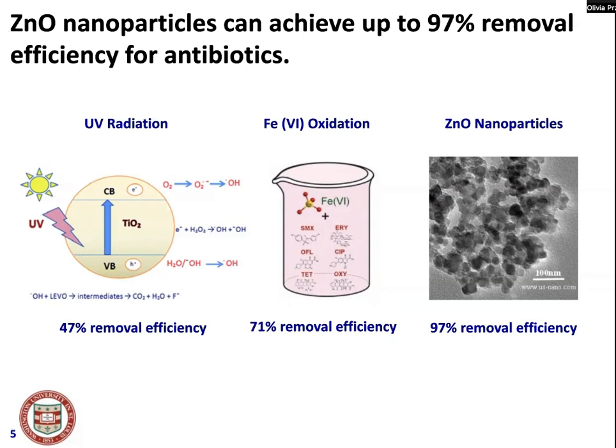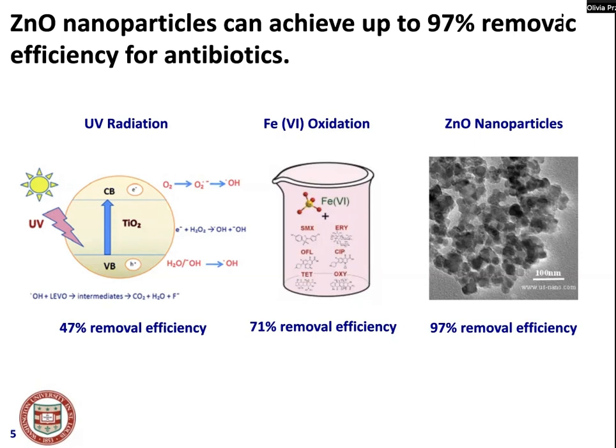Where UV radiation requires a large surface area and iron-6 oxidation requires the purchase of expensive materials, zinc oxide nanoparticles are not only cheap, but they are also relatively compact and, most importantly, strikingly efficient. This unique combination of high removal efficiency and lower operational costs makes zinc oxide nanoparticles a viable option for large-scale water treatment applications.